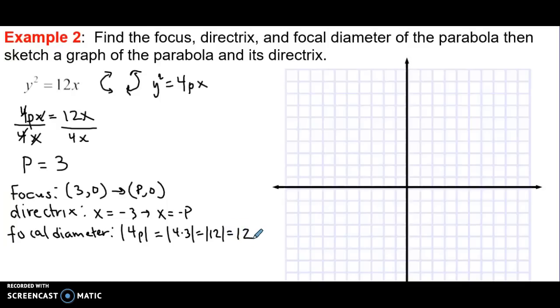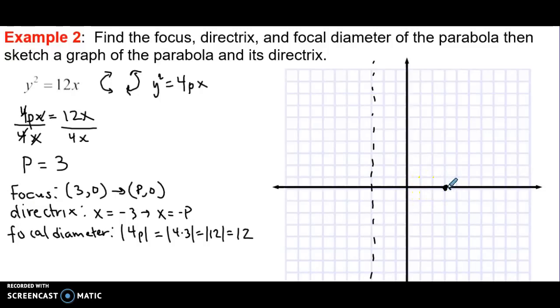I'm going to go ahead and plot everything that I know. My directrix, I'll start with that first at -3. So remember, that's on our x-axis, 1, 2, 3. Begin to draw my line there. Then I'm going to graph and plot my focal point, which is +3.